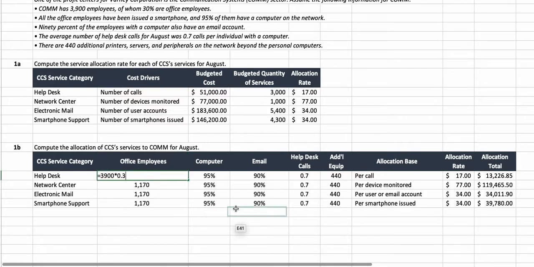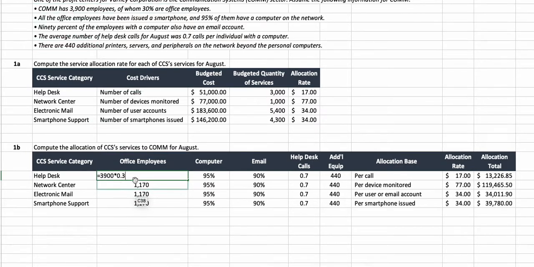So I did that by taking the 3,900 employees, and we saw that up here at the top, and I multiplied it by 30%, because 30% of all of the employees are office employees. So we know that the office employees that we're going to start with are 1,170 employees.